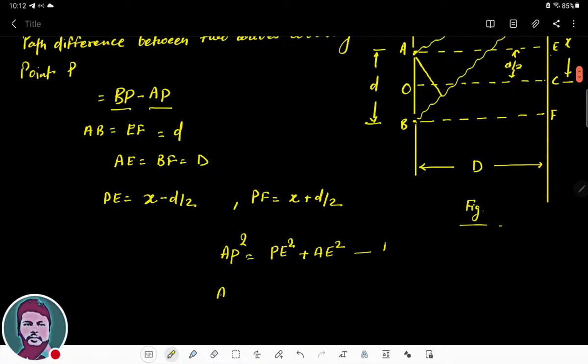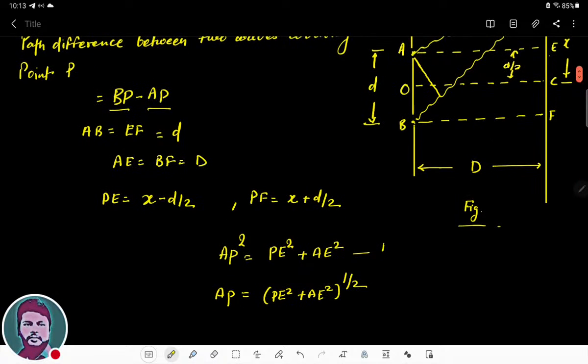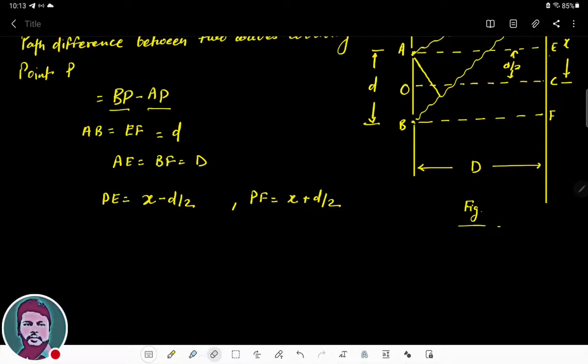So AP is equal to PE square plus AE square to the power 1 by 2, or we can say the square root. Let's put in the values, same for AP and same for BP.